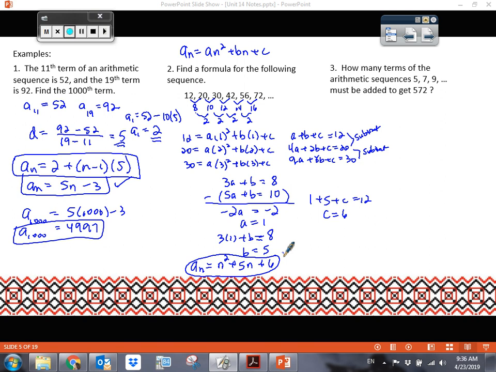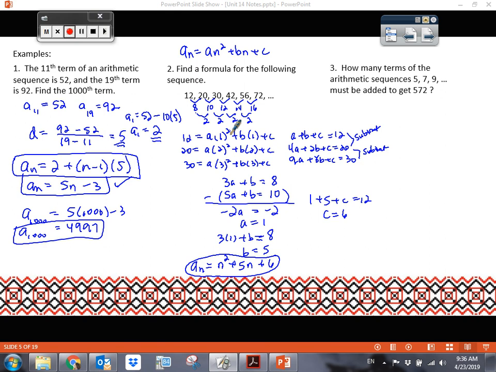So that's how we would generate the formula for sequences that have a second difference that's the same. This is not arithmetic, but I put it in here because the second differences are the same. Instead of the first differences being the same, the second differences are the same. So this is not arithmetic, it's quadratic, but still, it's got a good spot.